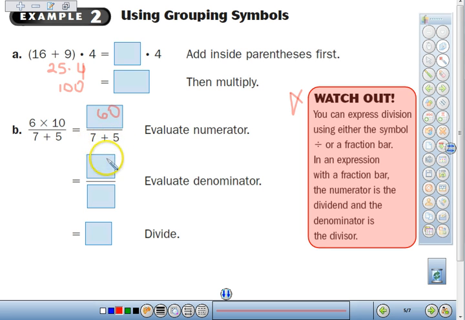And in our denominator, 7 plus 5 would give us 12. So at this point, we actually could continue simplifying if we were going across. And if you try and divide 60 by 12, we are going to get a solution of 5.